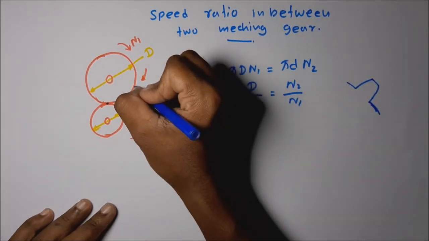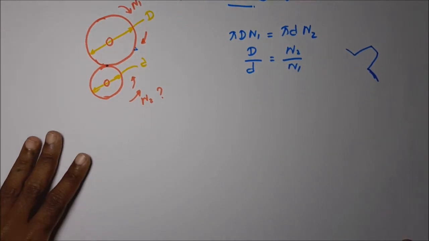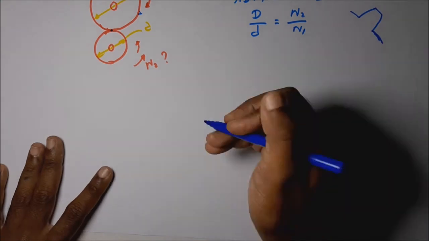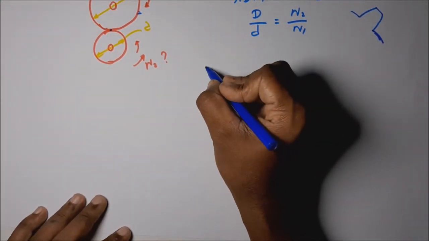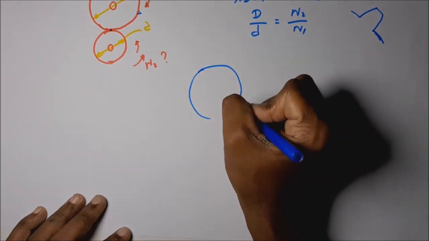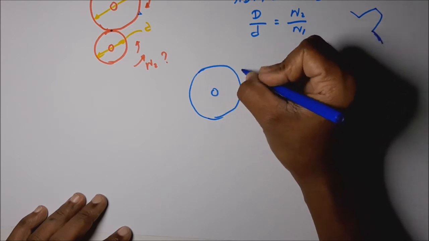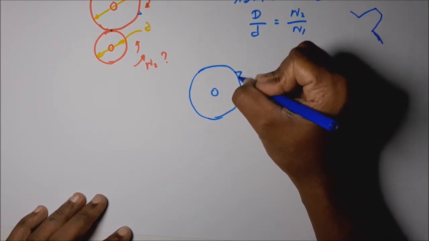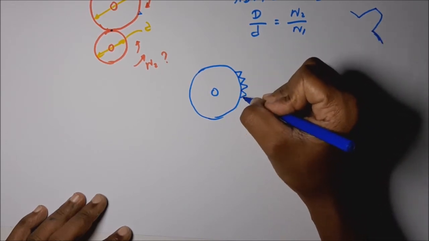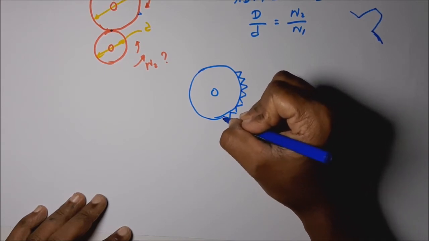If you take one single tooth on the gear wheel, let me draw the gear wheel and explain. To illustrate this process, I will simply draw a triangular shape gear profile. Actually, it's an involute profile, but to illustrate this, I will draw it simply in this way.